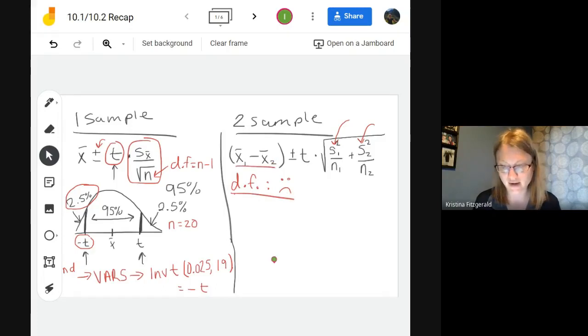So here's our calculator hack, which is a little annoying that we have to use a hack, but it is what it is. Step one on your calculator: you're going to hit the stat button.